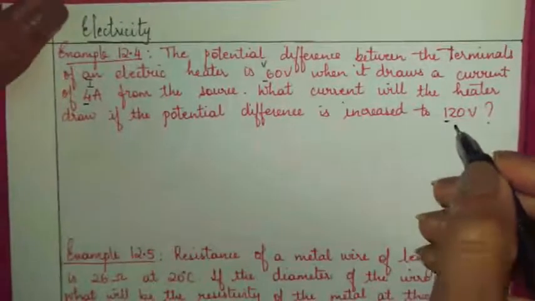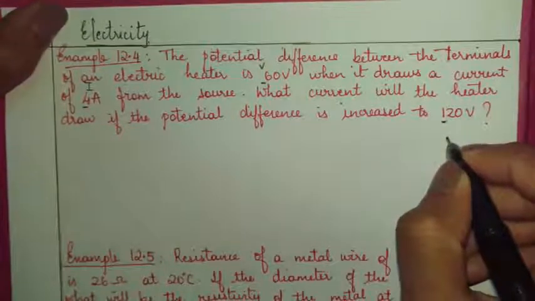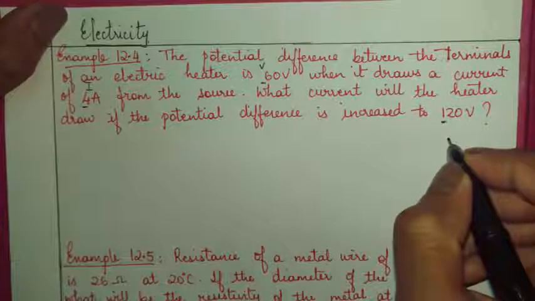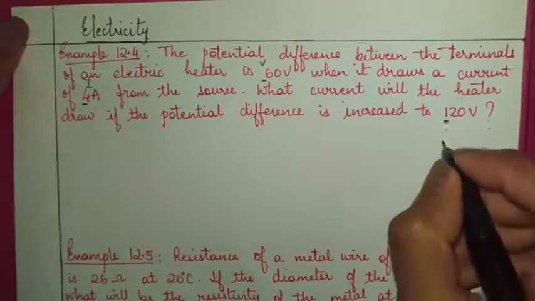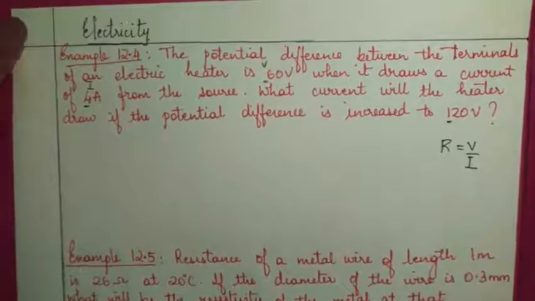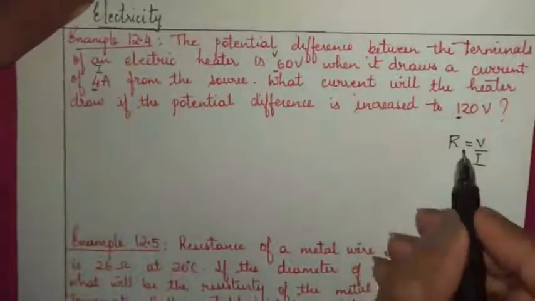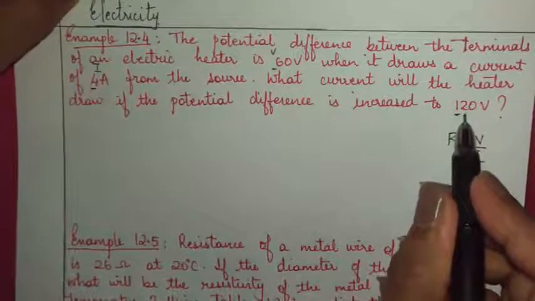120 volts? Now for this, let us first find resistance, because from Ohm's law we know that R is equal to V upon I. This is the formula that we know. So we'll first find the resistance, even though it is not asked, because then we can find the current when the potential difference is increased to 120 volts.